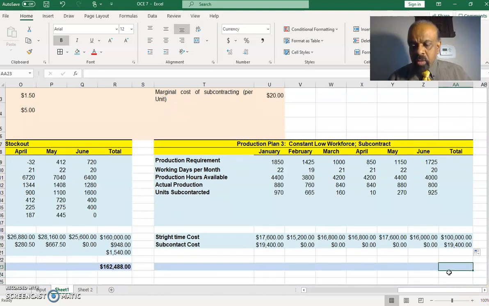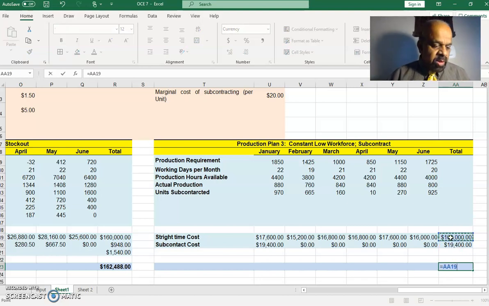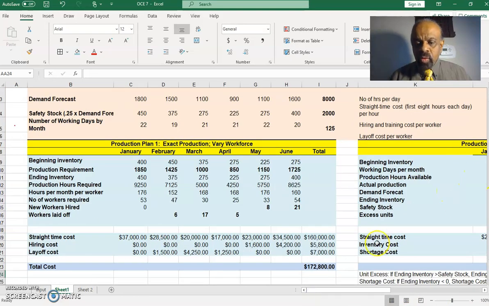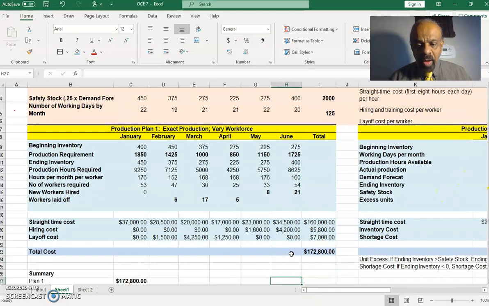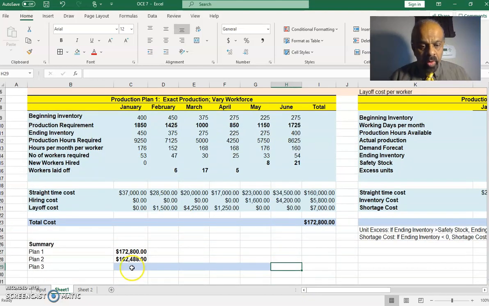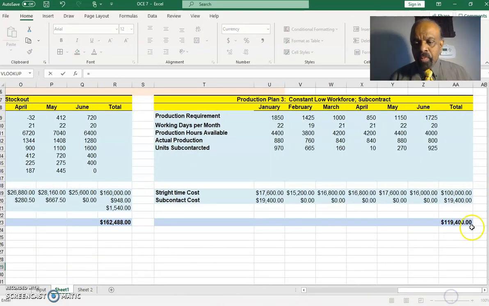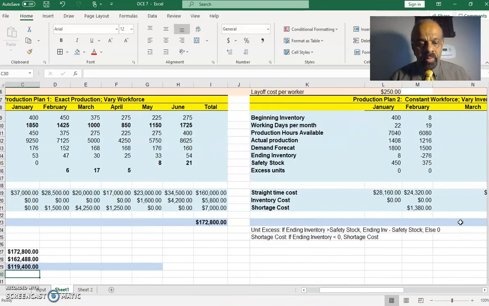The total cost of Plan 3 is this 100,000 plus 19,400, which is 119,400. So I'm going to copy that over here for Plan 3, which is equal to 119,400.